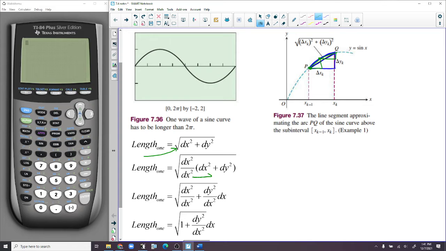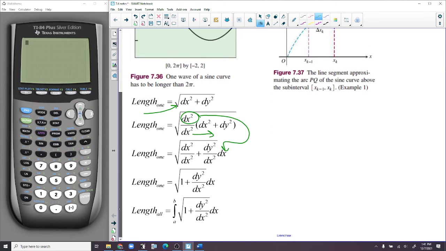We'll distribute the one on the bottom, but square root the one here. So this one ends up outside of the square root, and the bottom one ends up underneath each of these as the common denominator. Well, then this right here is 1, and then this is the derivative squared. So that becomes 1 plus the derivative squared. Now that's the length of one hypotenuse.